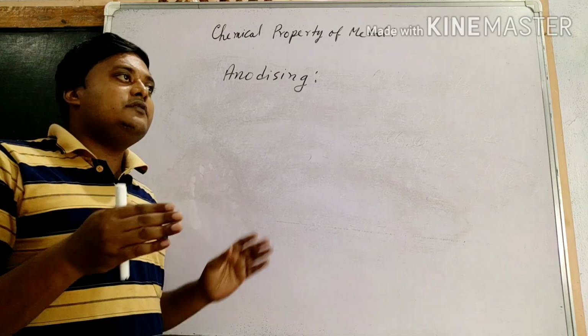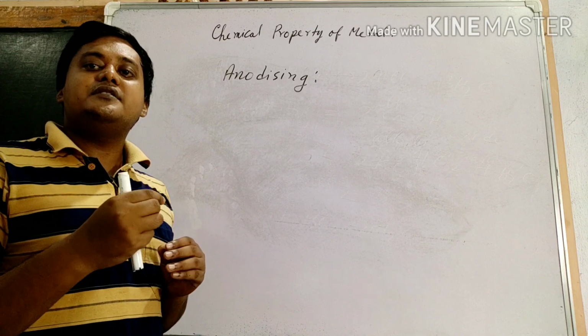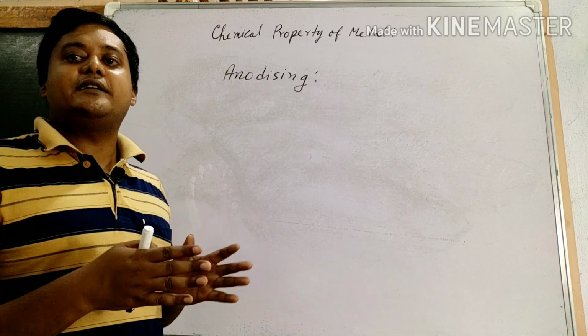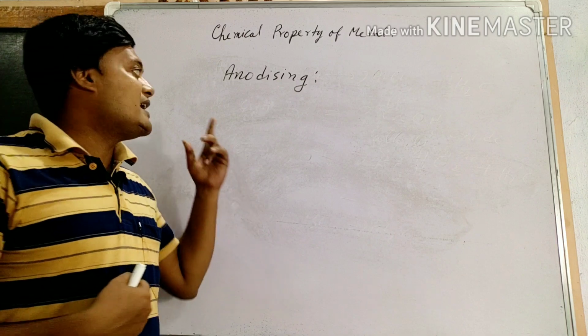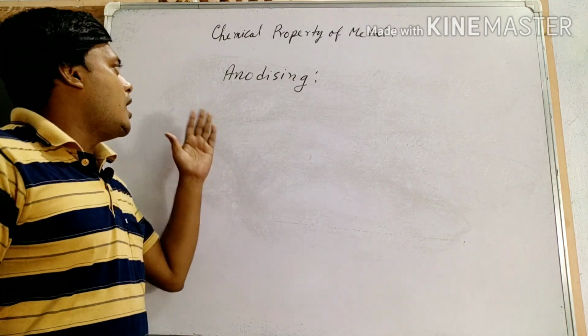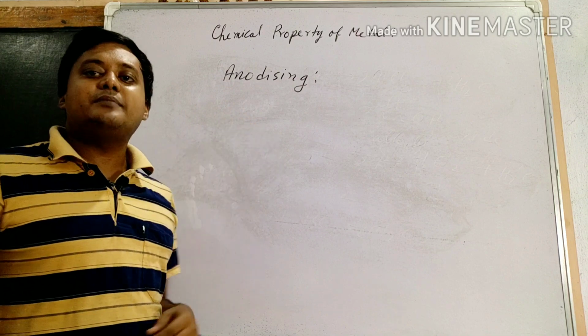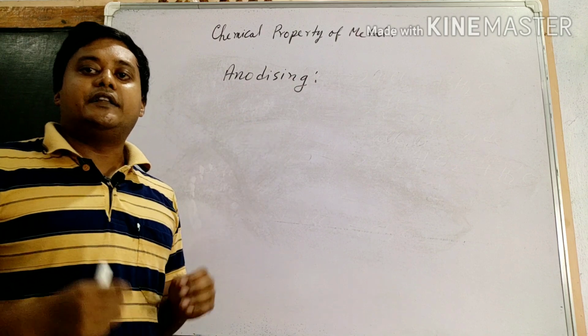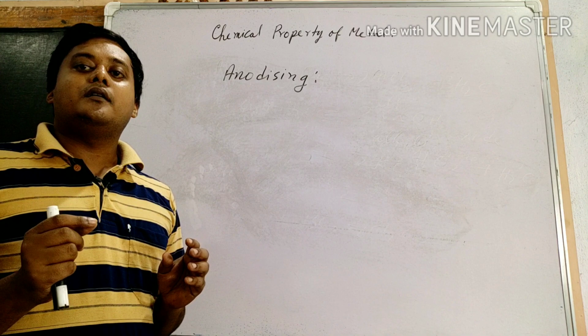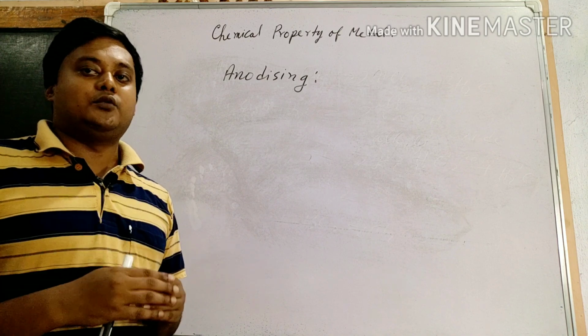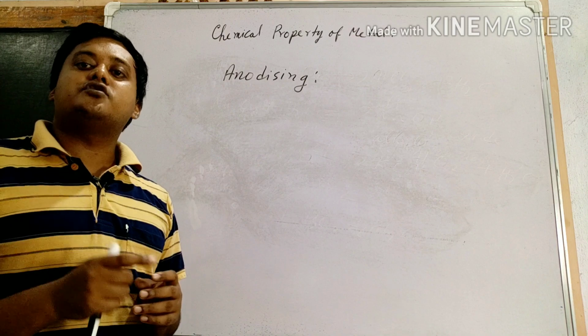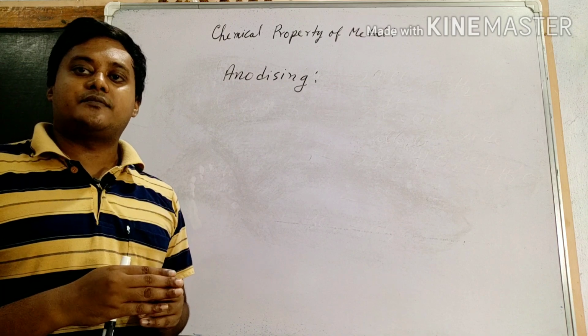Now, if we try to increase the thickness of that protective layer, the method we use is anodizing. How does the anodizing process take place? During anodizing, you take clean metal as anode and dilute H2SO4 as electrolyte.